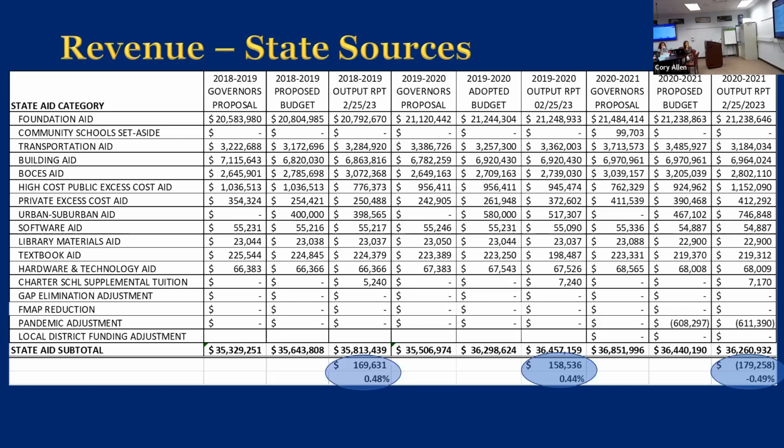In 18-19, we were less than 0.5% from what we had budgeted, on the positive. Same thing in 19-20. In 2021, we were actually below. I know we're looking at this in isolation, but remember the big picture: I may be over in one area, but if I'm under in another, I need to be able to balance out, because that's what we're tying to the expense.